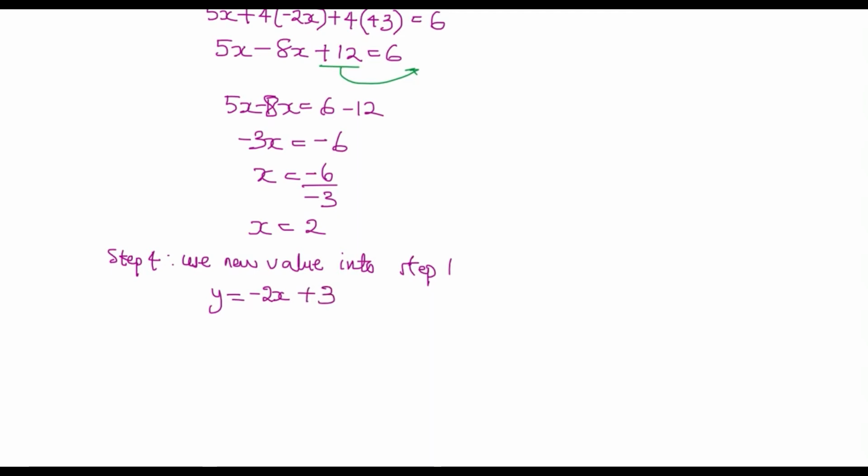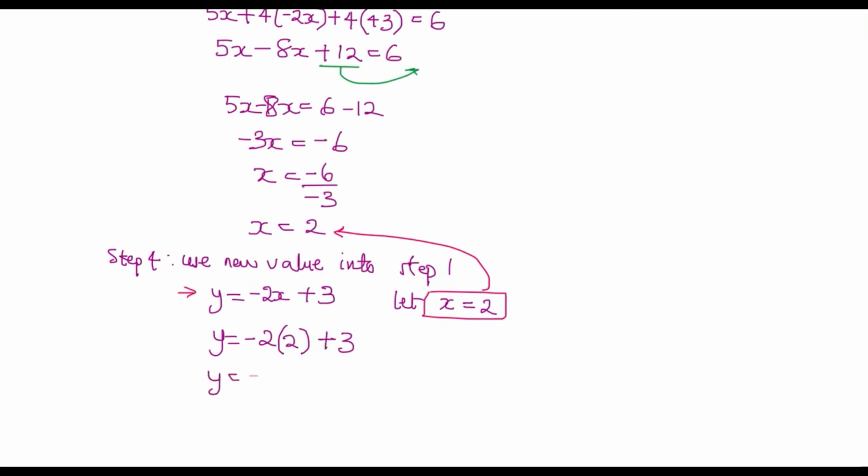So when we let our x be equal to 2, which we got from our new value here, we put x equals 2 in this particular equation so that we'll be able to solve for y, which is the goal. So in here y is equal to -2, where I see x I put 2 in brackets, plus 3.